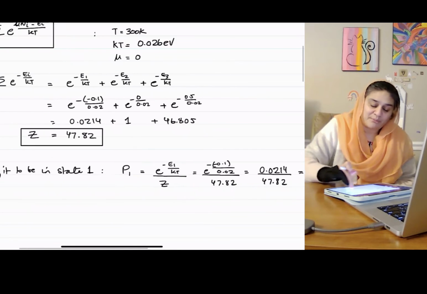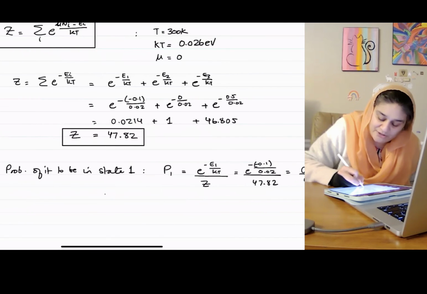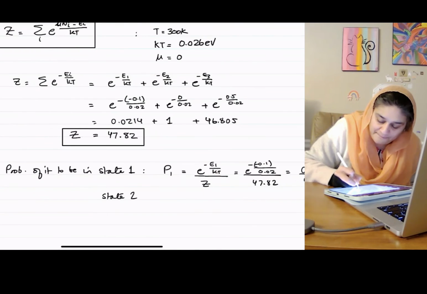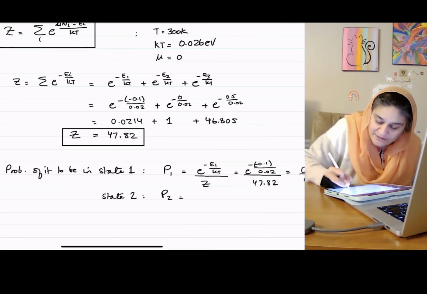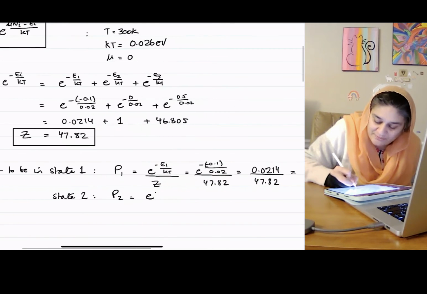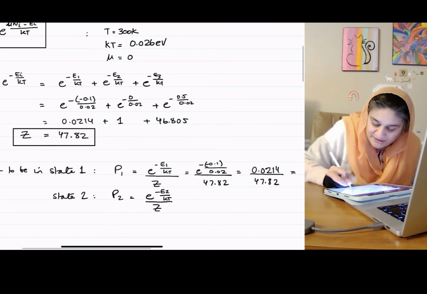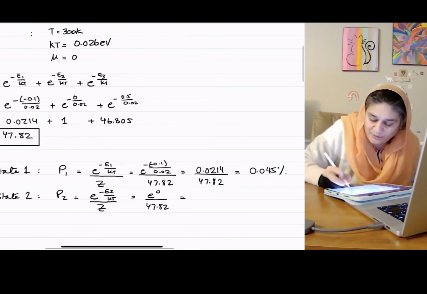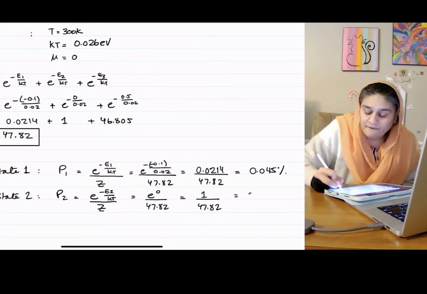Now, what is the probability of it to be in state 2? P2 is just e to the minus E2 over kT divided by Z, or e to the 0 divided by 47.82, or 1 divided by 47.82, or 2.09%.